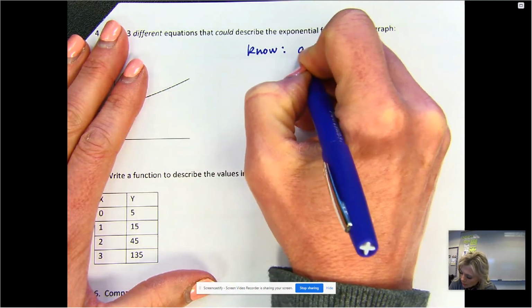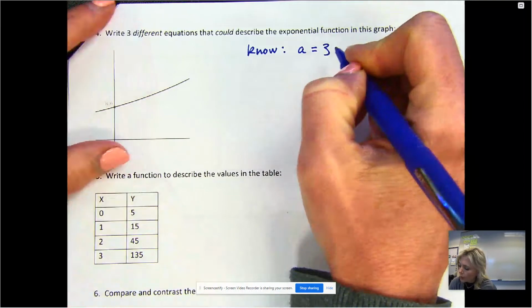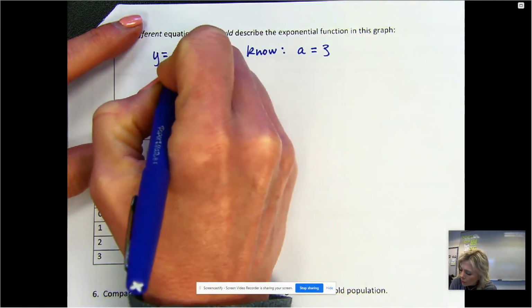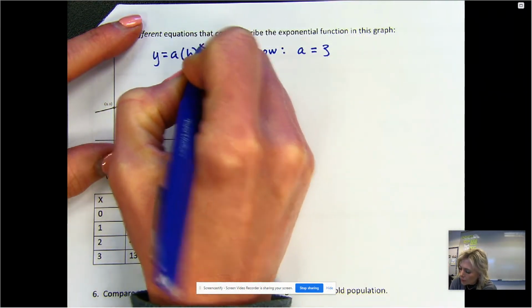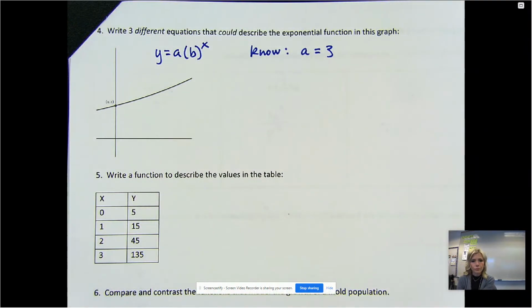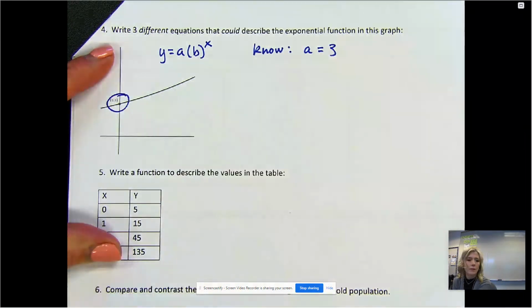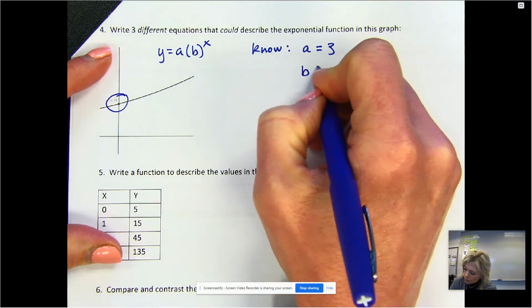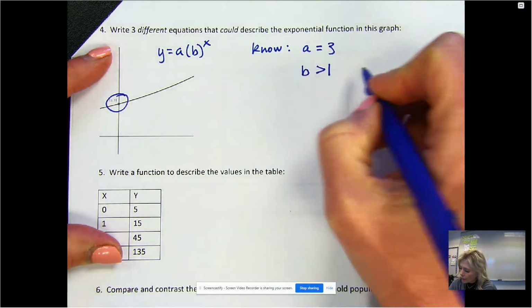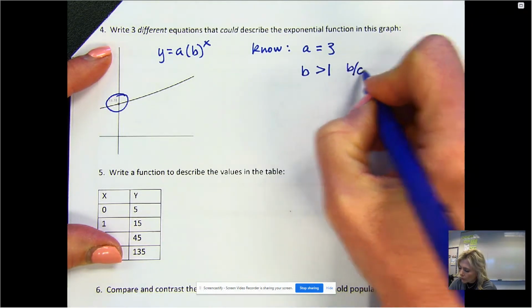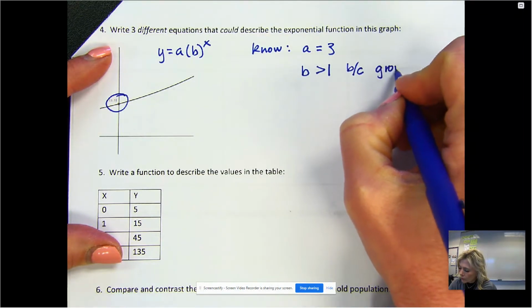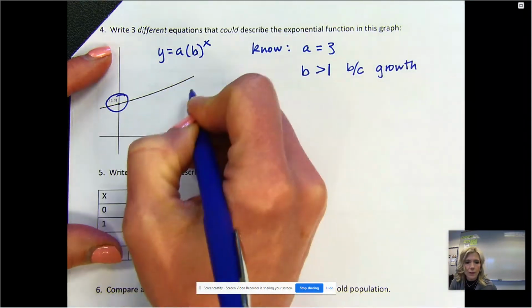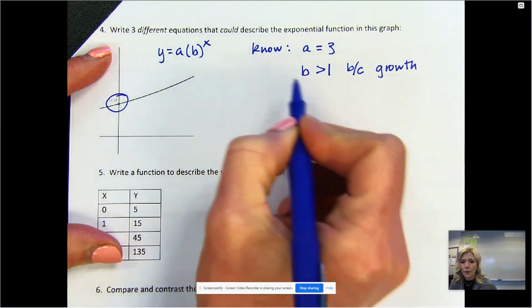If we're thinking about y equals a times b to the x in that model, I know that a is equal to 3 because that's where it's starting, right here on the y-axis. I also know that b is greater than 1 because this is growth. This is increasing, so the factor has to be greater than 1.